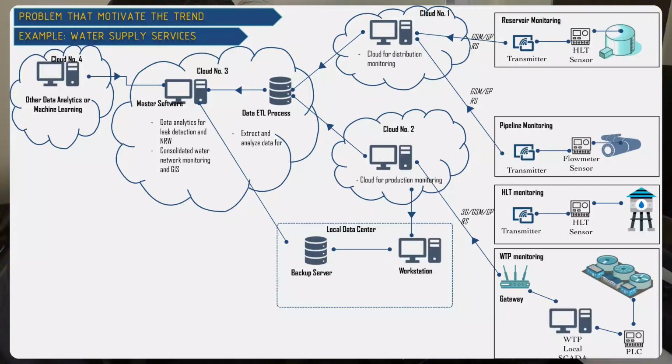And after that, the cloud will also act as a middle person to the IoT installed on the ground, and also to the backup server, and also to the public cloud. This is the example of the cloud concept in water supply services.